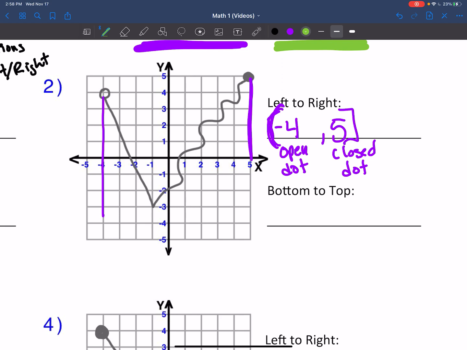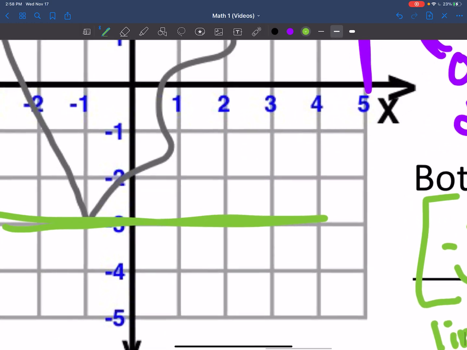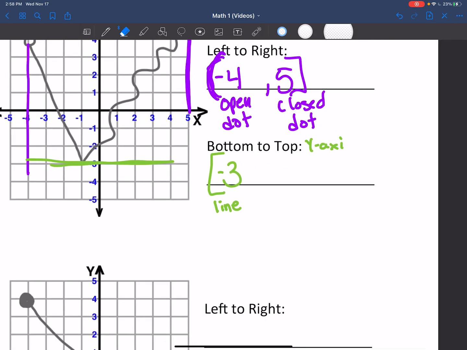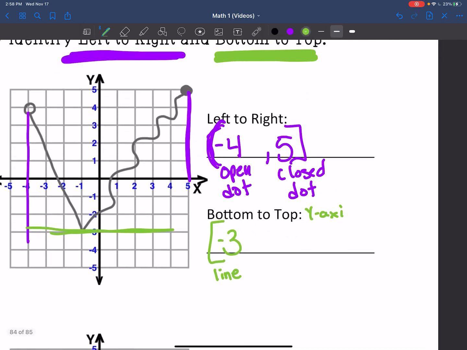The bottom, again, we use the y-axis, so the bottommost part of our graph is a -3, and that's going to be a closed bracket because it's part of the line, right? The line comes down, stops, turns around, and keeps going. So it's still part of the line, okay? The top of my graph here, the topmost part, is at 5, where we see a closed dot, so we use a closed bracket.